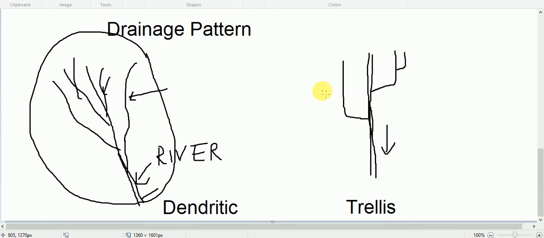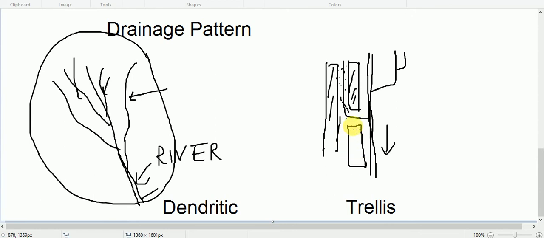And in this case, see here about the surface rock structure. You will find a vein of hard rock. Let us say this is a vein of hard rock. This is another vein of hard rock. And in between you will find soft rock. So in the places where the surface is covered with soft rock, the river flows. Here the surface is covered with hard rock.